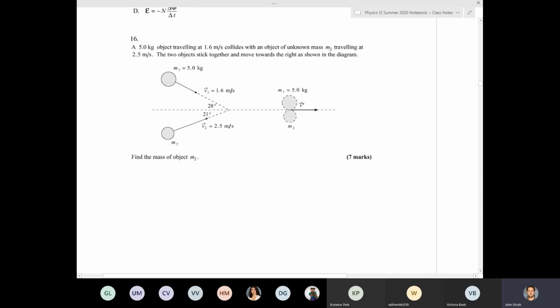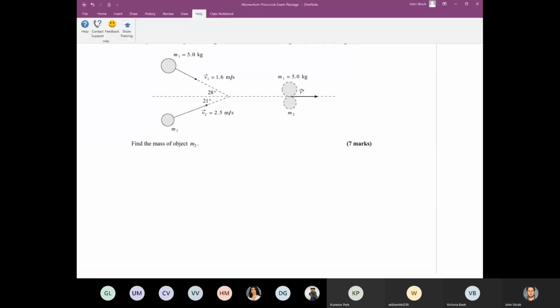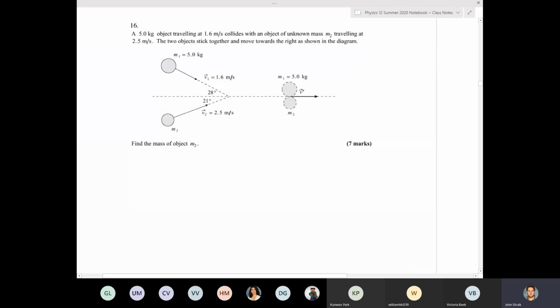Okay, so in this case, because all of the final momentum is in the x direction, I'm going to take the original momentum of each one in the x direction and then base it off of that.